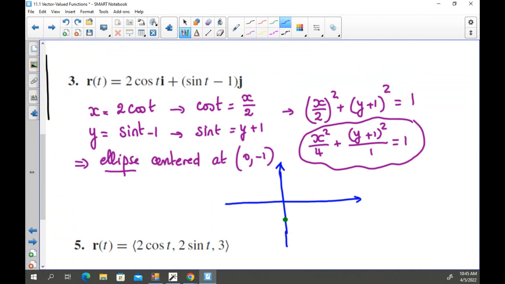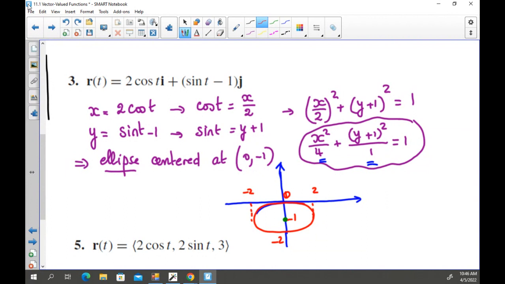And this ellipse will have a length of 1 along the y-axis. And what is its length along the x-axis? 2, yeah. 2 on that side, 2 on that side. So it's going to be something like this. So this will be 2, this will be minus 2, this will be 1, 0, minus 1 and minus 2. So this is the ellipse that you will get.